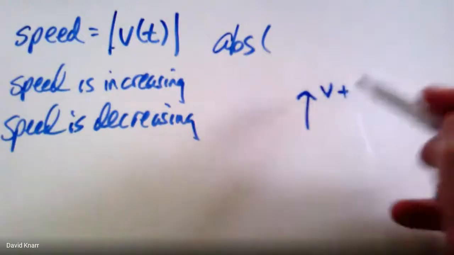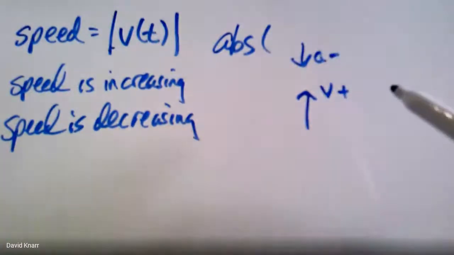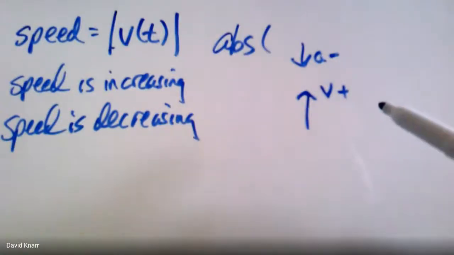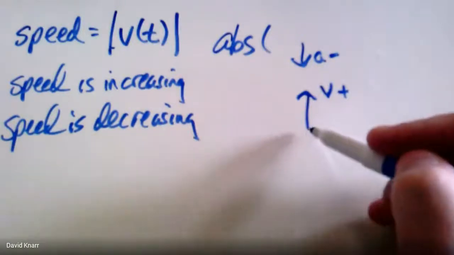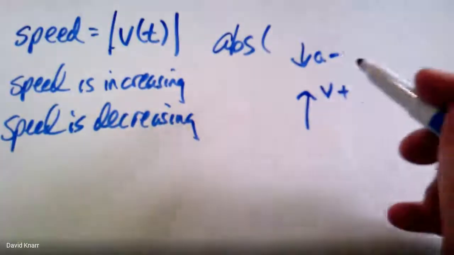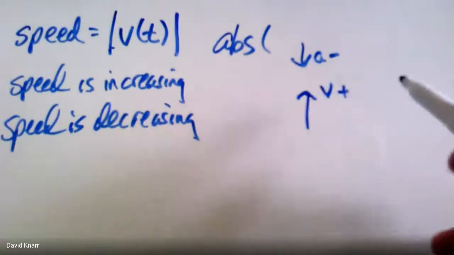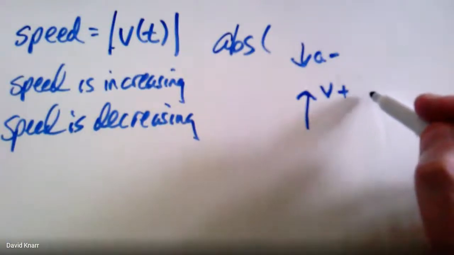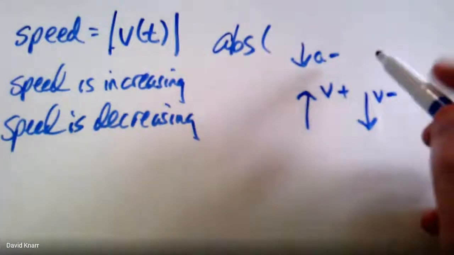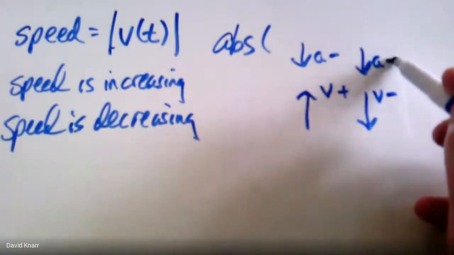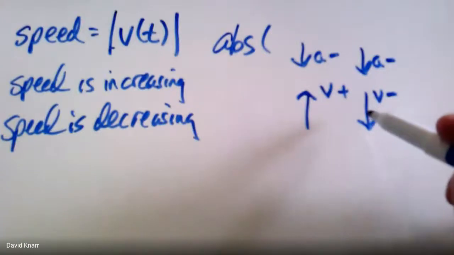V is positive, but A, the acceleration, is negative, right? Acceleration due to gravity is negative, it acts down. So what happens to the ball when you throw it straight up in the air? It slows down, right? As opposed to when the ball is on its way down, the velocity is negative. Well, so is the acceleration, and now the ball speeds up, right?